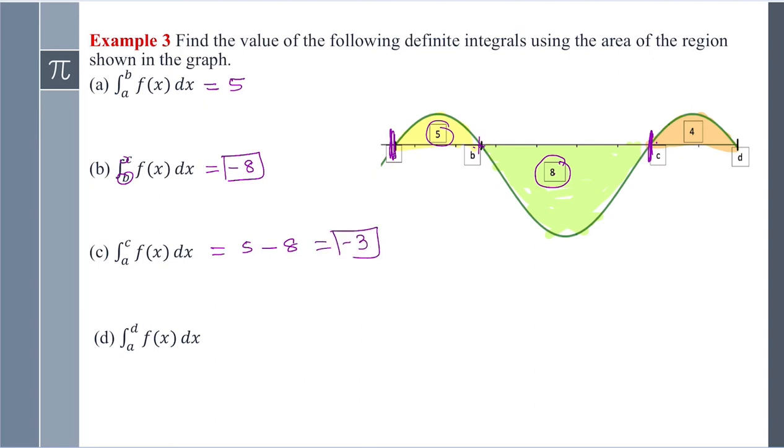Now the next one, we are going from A to D. A to D is 5 minus 8, then plus 4. So we add the area above the x-axis and subtract the area below the x-axis, and that gives us 1.